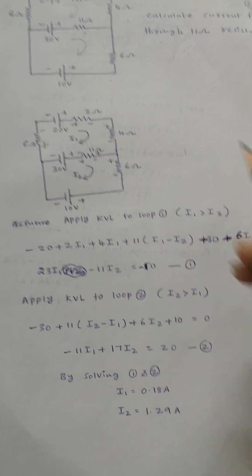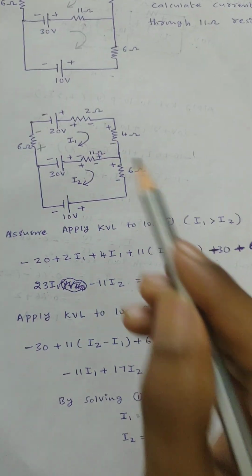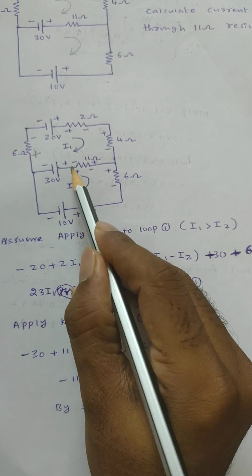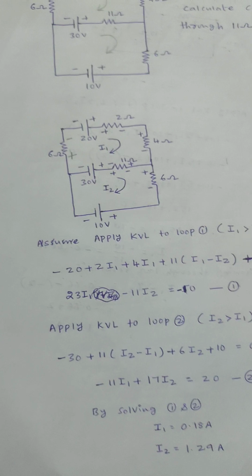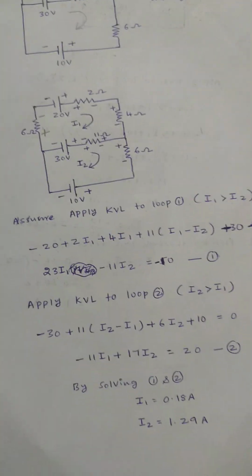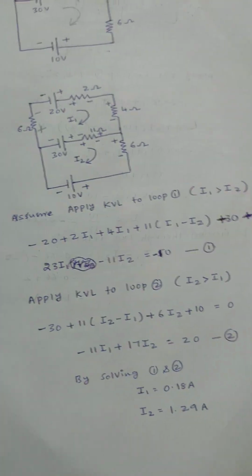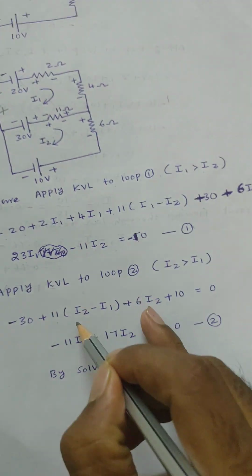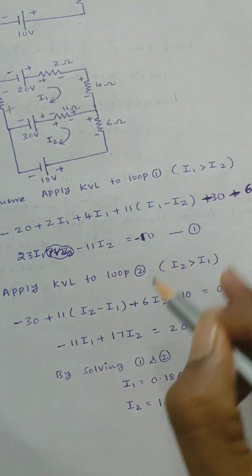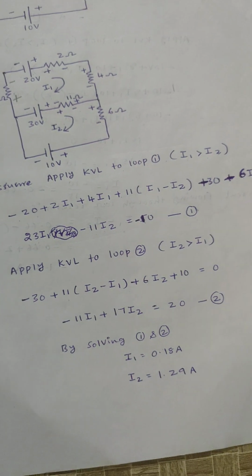Similarly, apply KVL to loop 2. Here plus minus plus, I can start from here for minus plus, minus 30, plus minus 11 into (I2 minus I1), plus minus plus 6I2, plus minus plus 10 is equal to 0.